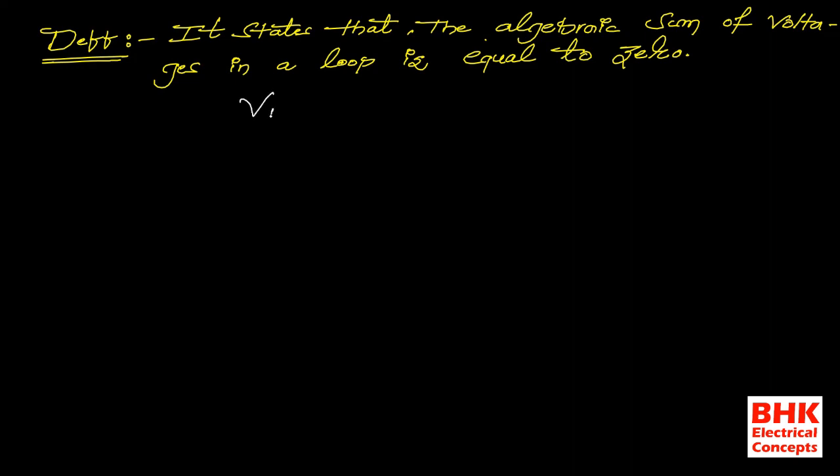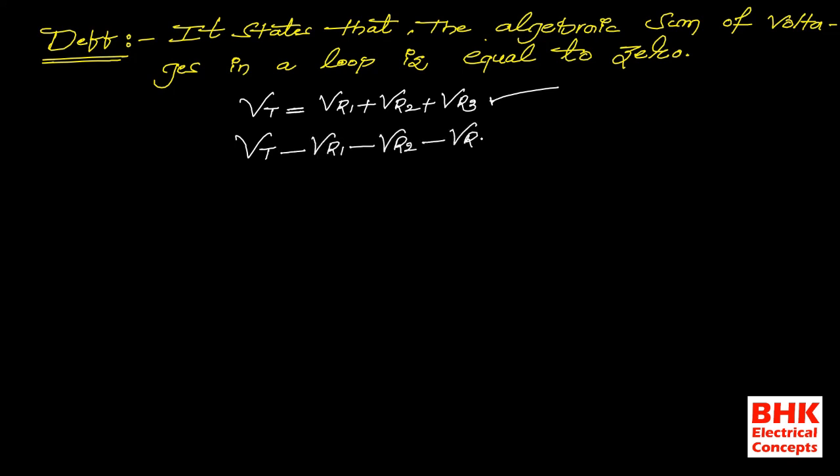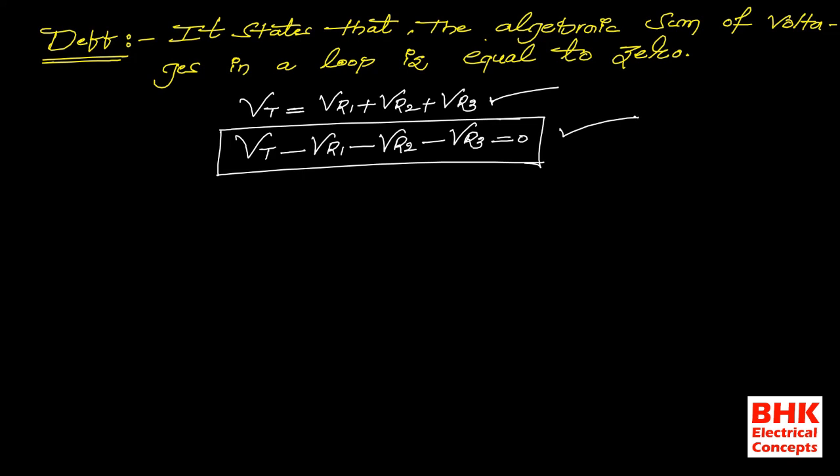The expression from the network is Vt equal to VR1 plus VR2 plus VR3, and in algebraic form it is Vt minus VR1 minus VR2 minus VR3 is equal to 0. This equation represents the algebraic sum of voltages equal to 0, and the earlier expression represents the applied voltage must be equal to the sum of voltage drops across individual elements in the loop. So this is the concept of Kirchhoff's voltage law.